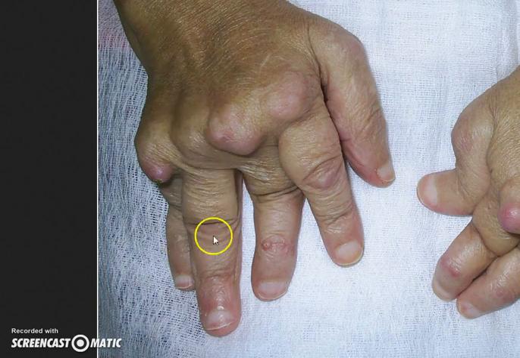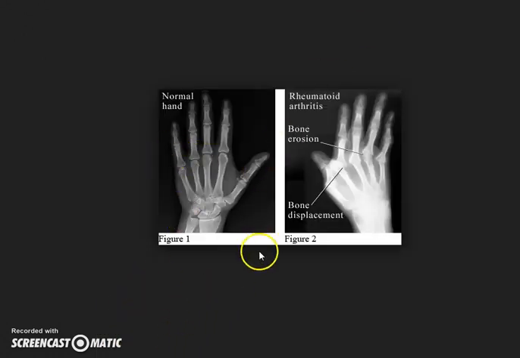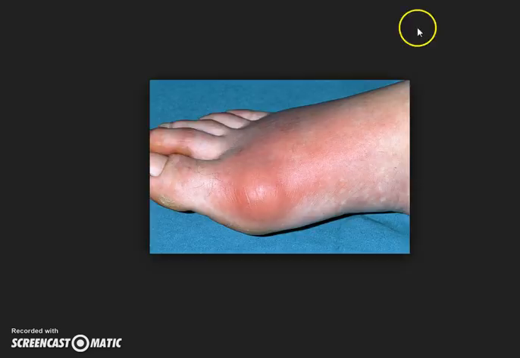Besides the giant nodes, her fingers are poked off to the side. If you look at an X-ray, and I'm short on time so I'm going to go faster, you get something called ulnar deviation of those fingers. See how they're poking off away from the thumb? It pops them off the joint, and the immune system starts to tear up the bone too, so you get bone erosion and bone displacement.